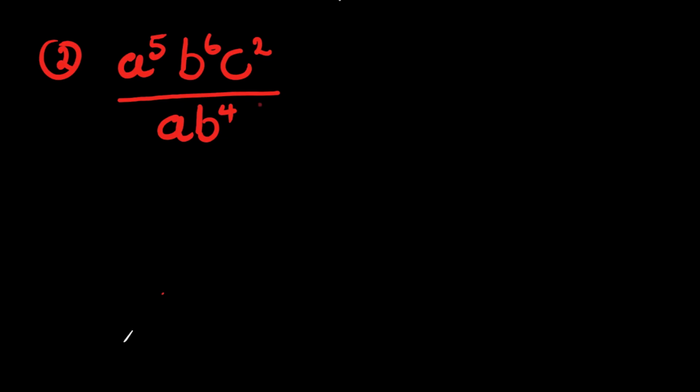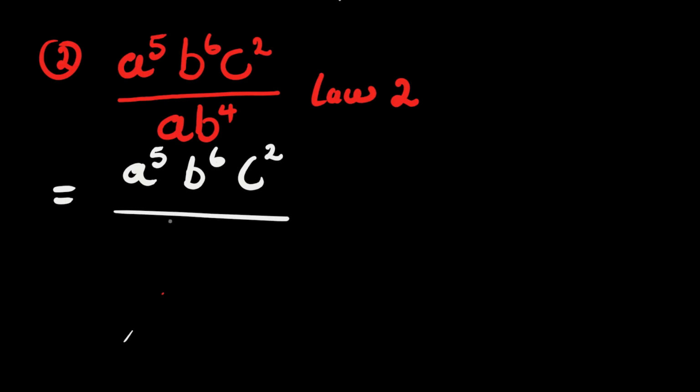Question number 2. Now let's check which law would have to be applied to solve this question. By the look of things, law number 2 is the only law which would have to be applied here. So let's see how. Firstly, let me write this: a to the power 5 b to the power 6 over a b to the power 4 (c squared).